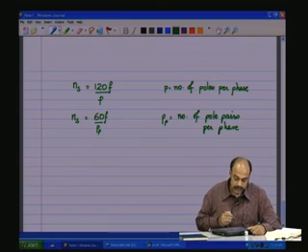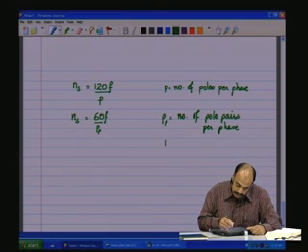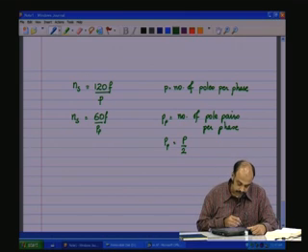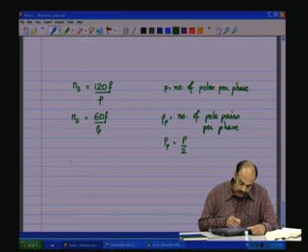It is better you know the nomenclature. And pp is always P by 2, number of poles by 2. And Ns, this is in rpm.